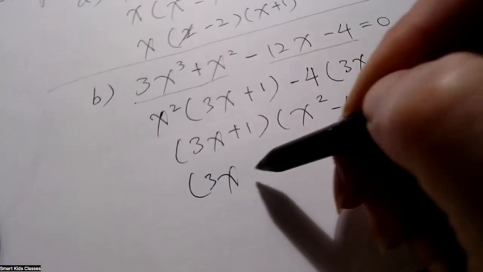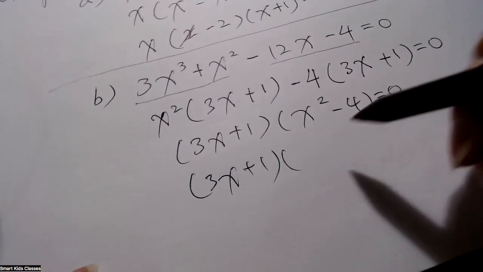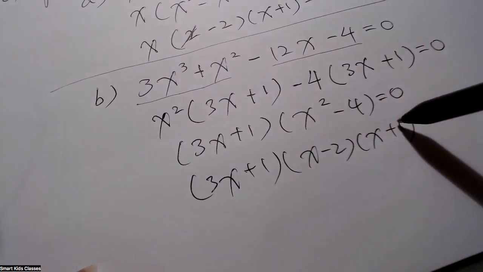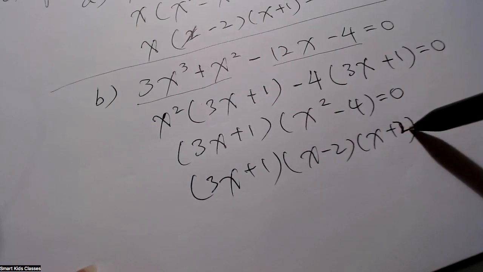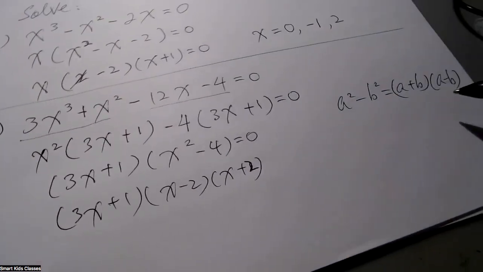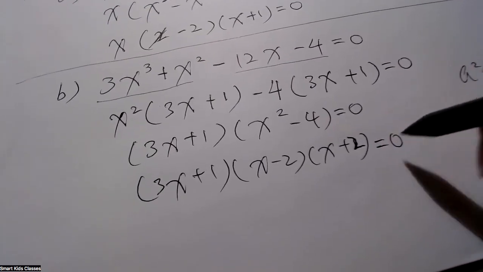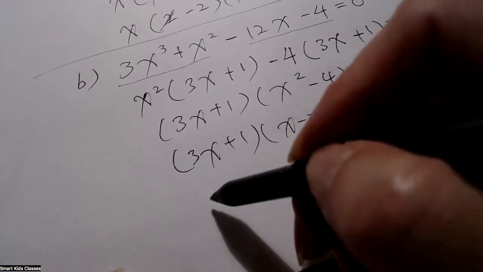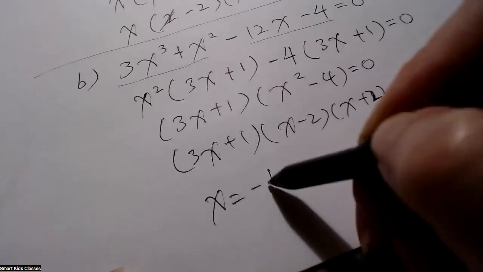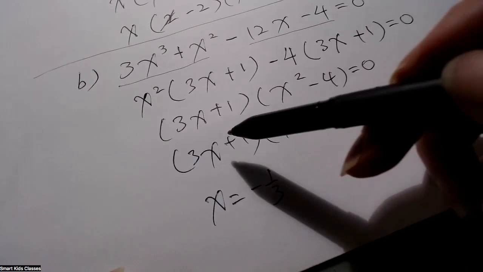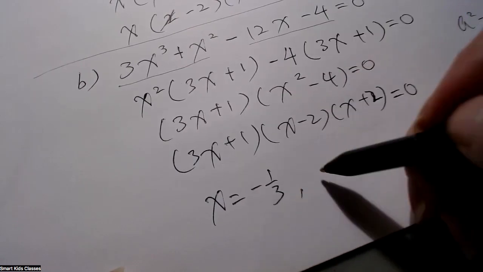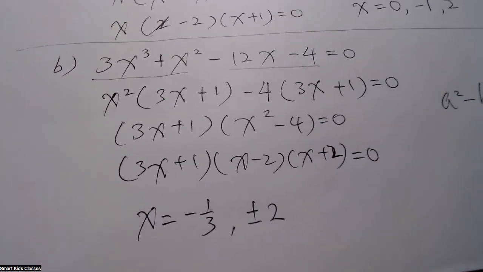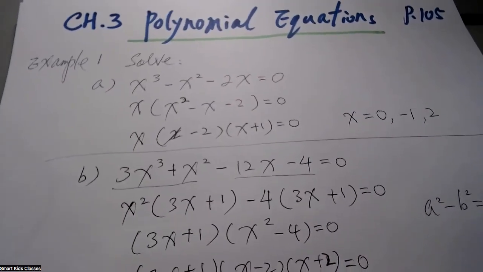So we have (3x minus 1) times (x minus 2) times (x plus 2) equals 0. Now it's fully factored. Now x equals how much? x equals 1/3, and positive and negative 2. Now we have fully factored these 2 equations.